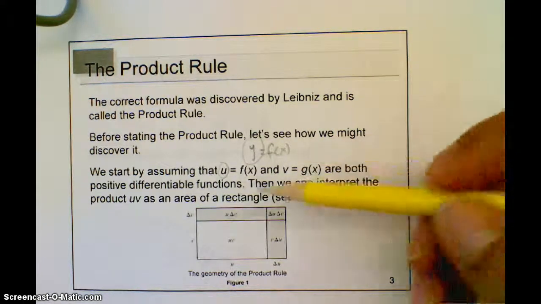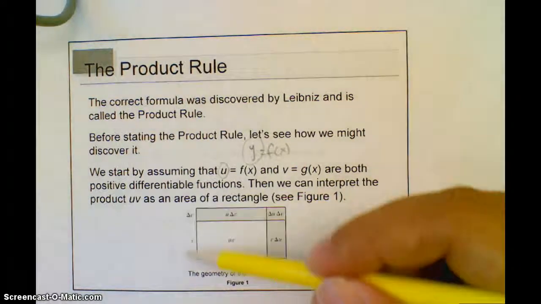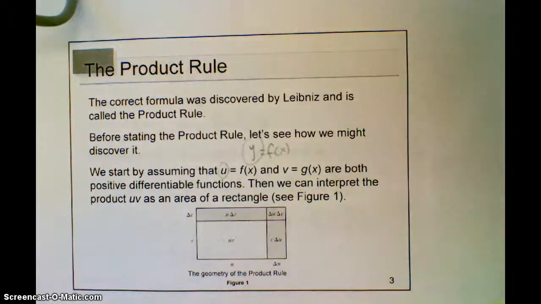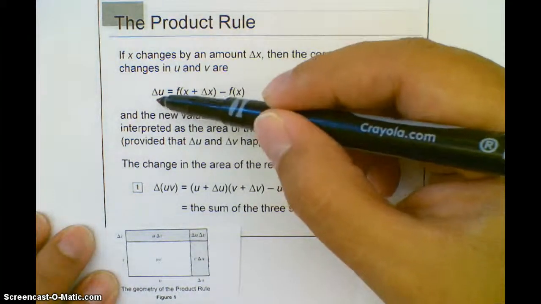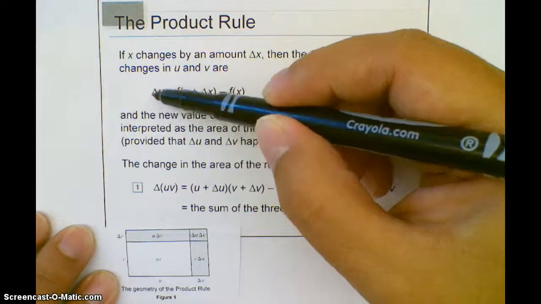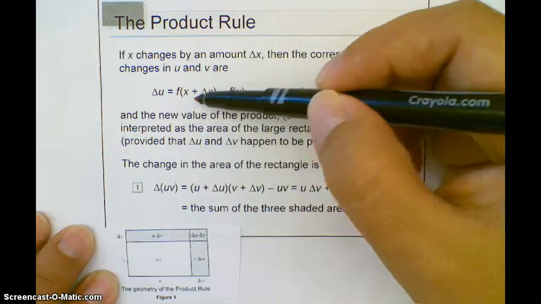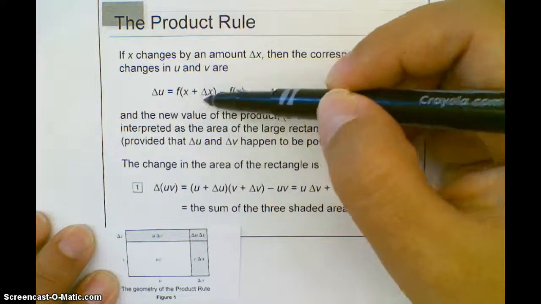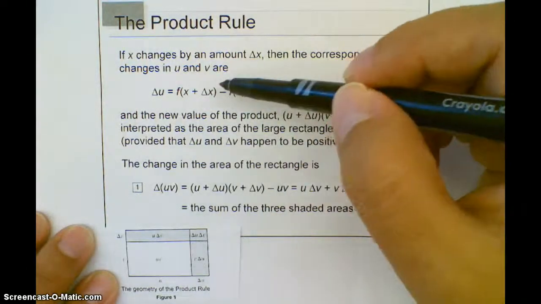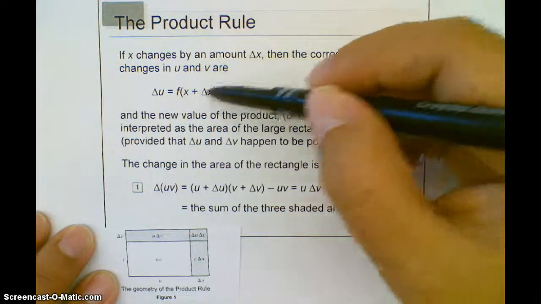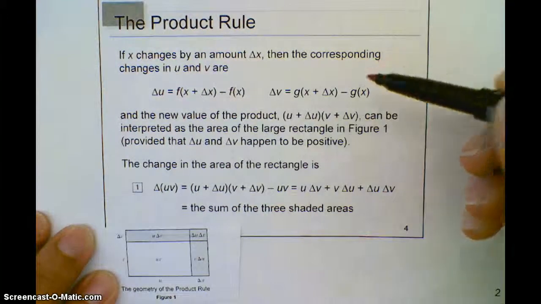So we can have this rectangle where I see the products of these partial areas, and I see the product of the entire area. So let me just translate this part. If I'm defining a function, a small change in this function is just the difference of f evaluated at x plus that small change in x minus f of x. And if you recall the formal definition of derivative, this would be the numerator of the equation that we take the limit for.